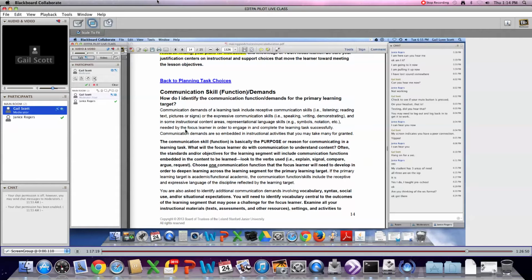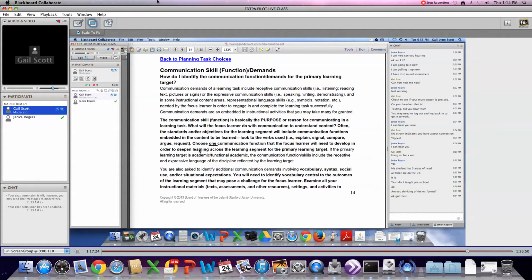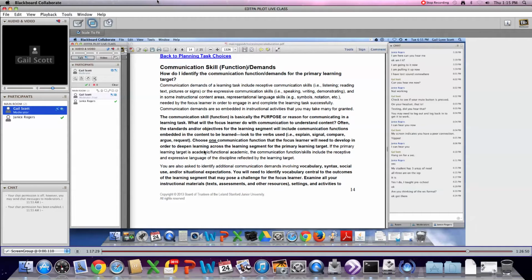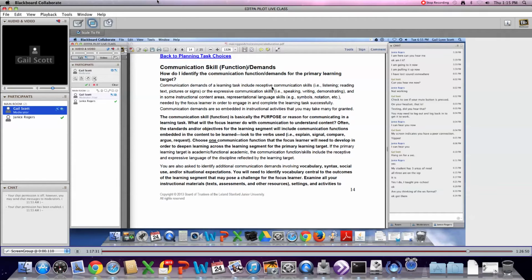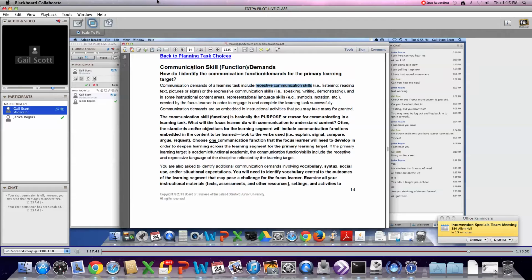This is the academic language part. Okay. Academic language deals with receptive language, what's coming into the student and do they understand it? Expressive language, can they respond or talk about what they're learning.